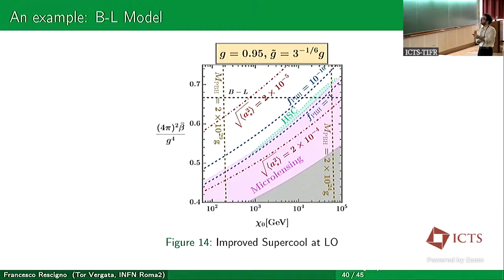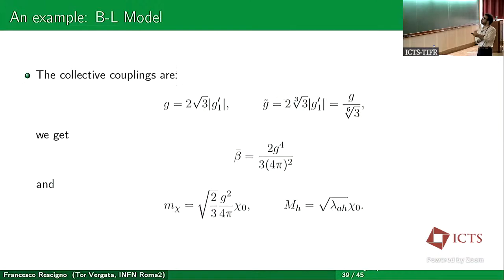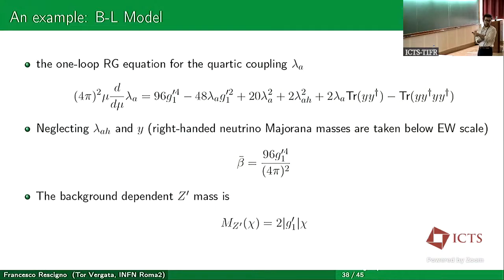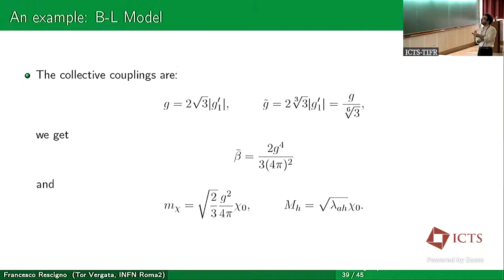So I expected that in some parameter region, coupling lambda is important instead of G. I see your point. So you're saying that in some region up here, this coupling lambda becomes important.